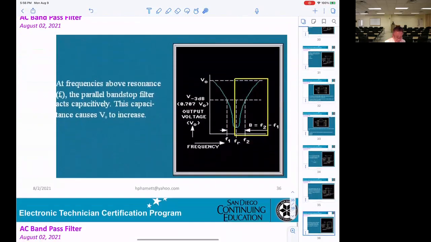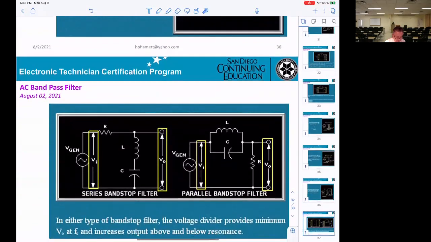Also, same thing. Okay, finally, they display for you series band stop and parallel band stop. The only thing is, if you're looking at the circuitry, you recognize what type of circuitry it is. Any other calculation, we don't really care.